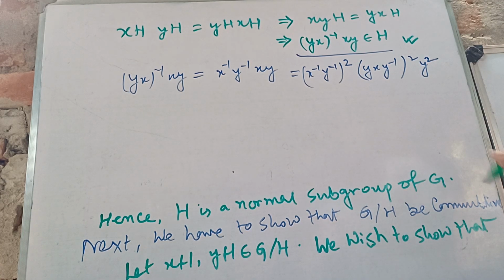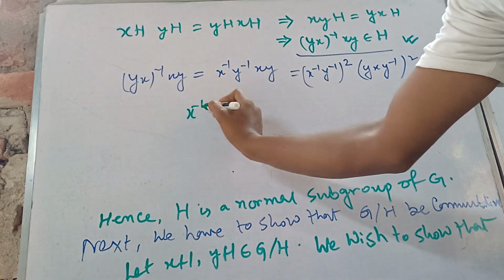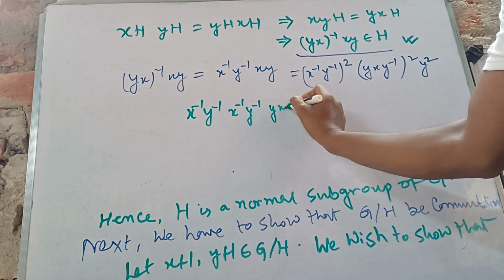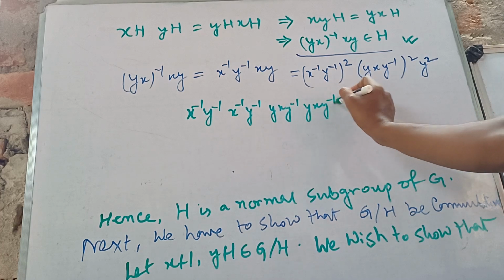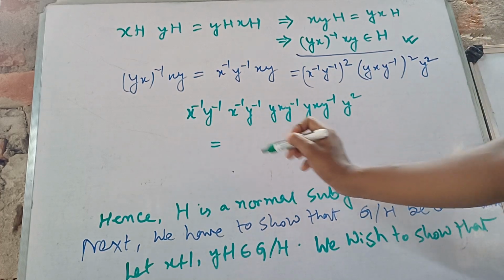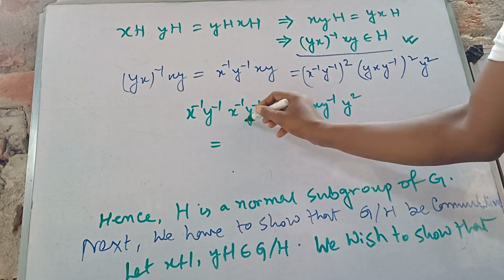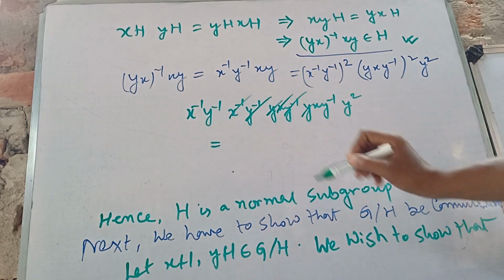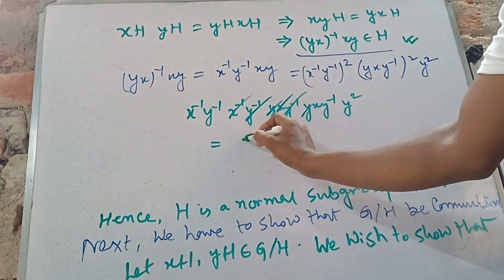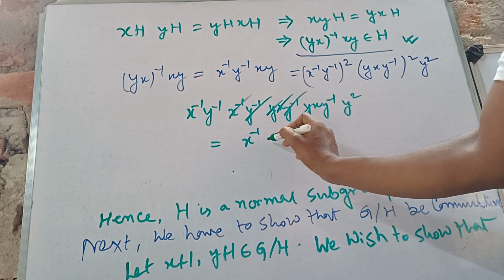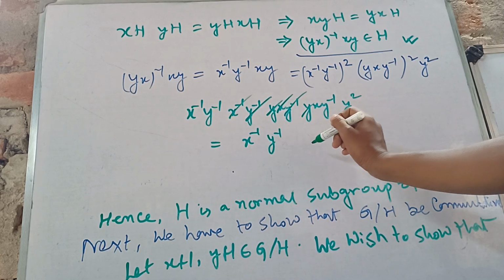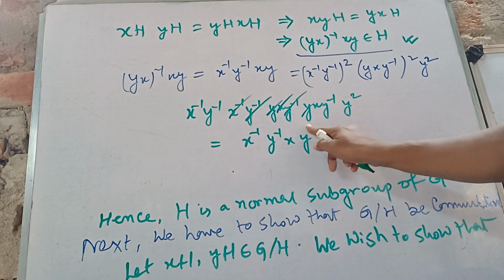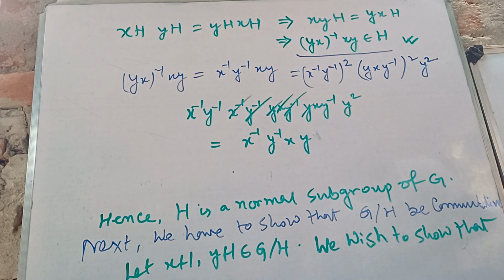We elaborately see whether this one equals this one or not. x to the power minus 1, y to the power minus 1, y x y inverse, y x y inverse, y square equals what? This one cancels, this one cancels, then this x inverse cancels, and then x inverse x y inverse, and then x, this y in y. So not a problem at all.